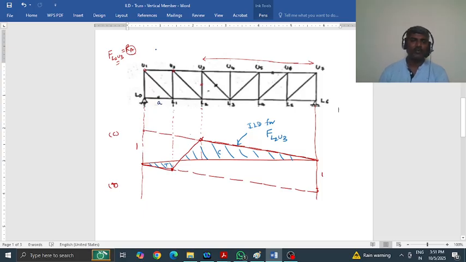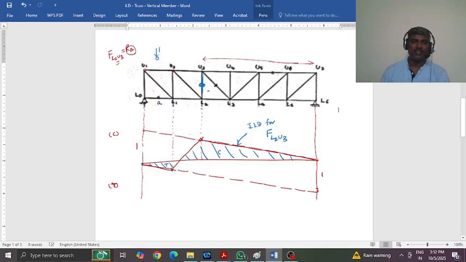So now you just look at the diagram and understand what exactly it is. When one unit load starts from U1, the force in this member is 0. When it reaches U2, the force in this member is this much and it is in tension.